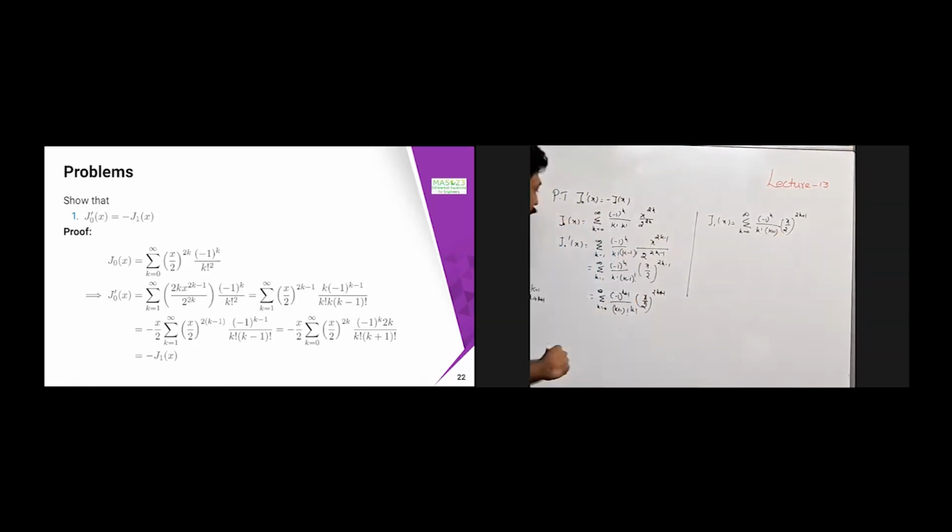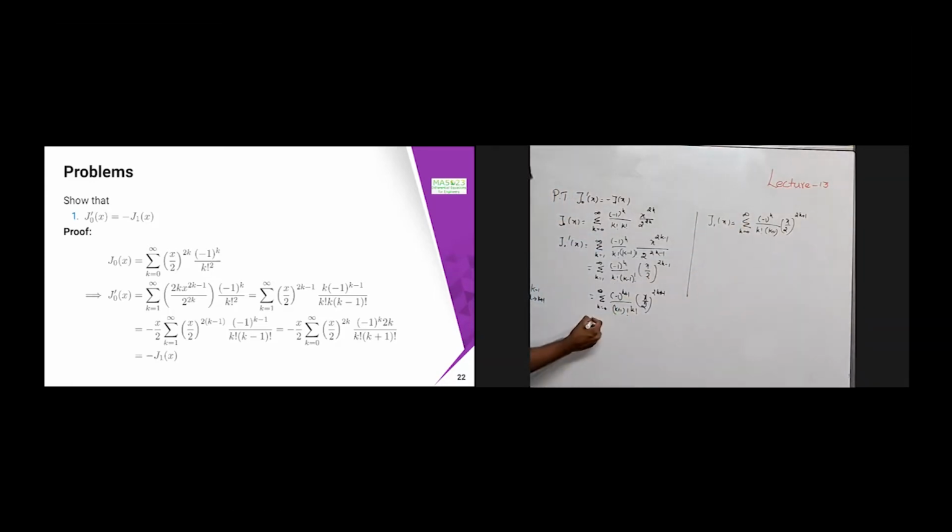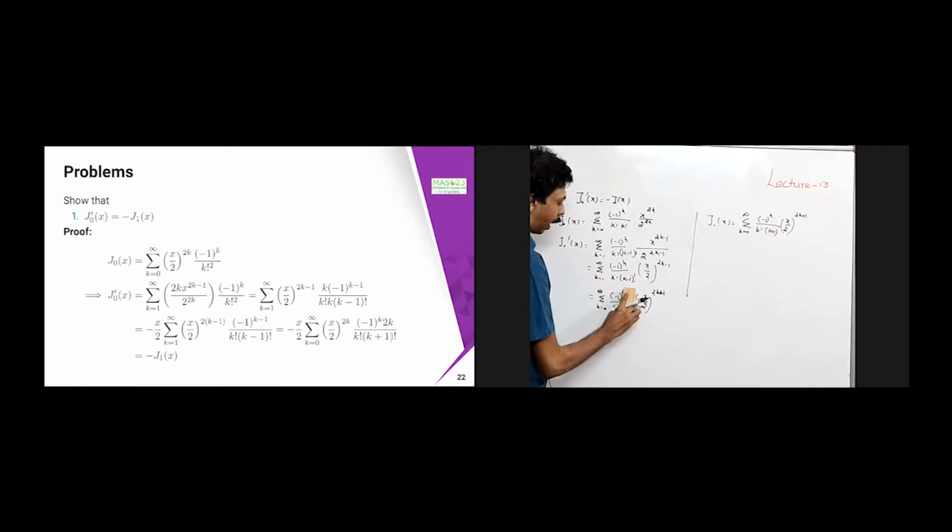So there is only one difference: here it is minus 1 power k, there it is minus 1 power k plus 1. Therefore I can put a minus symbol over here, and this becomes minus J1 of x. That's all.